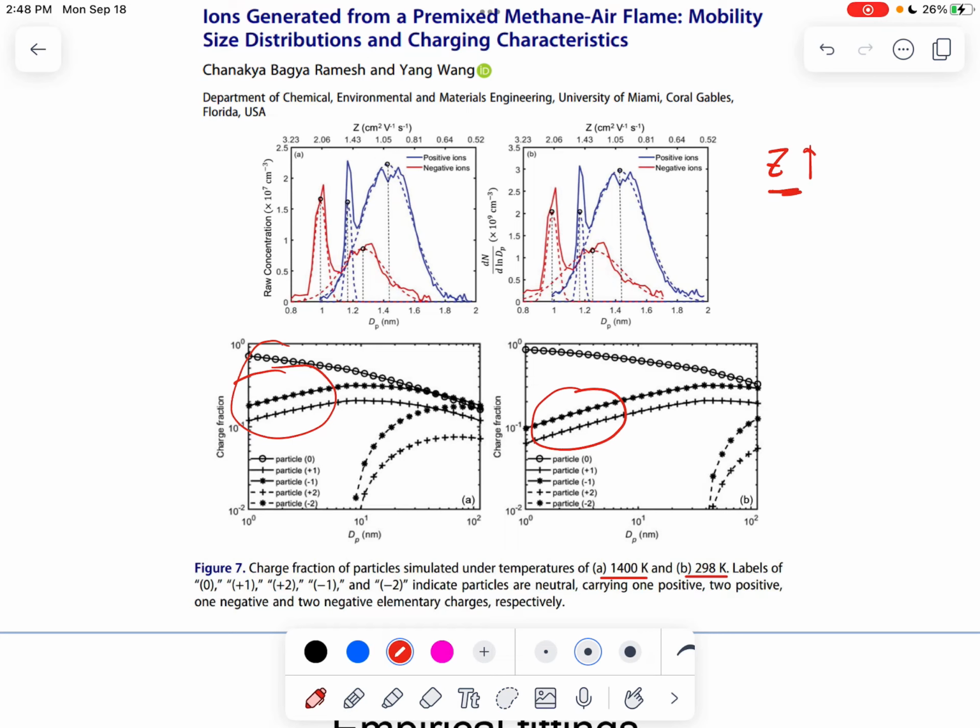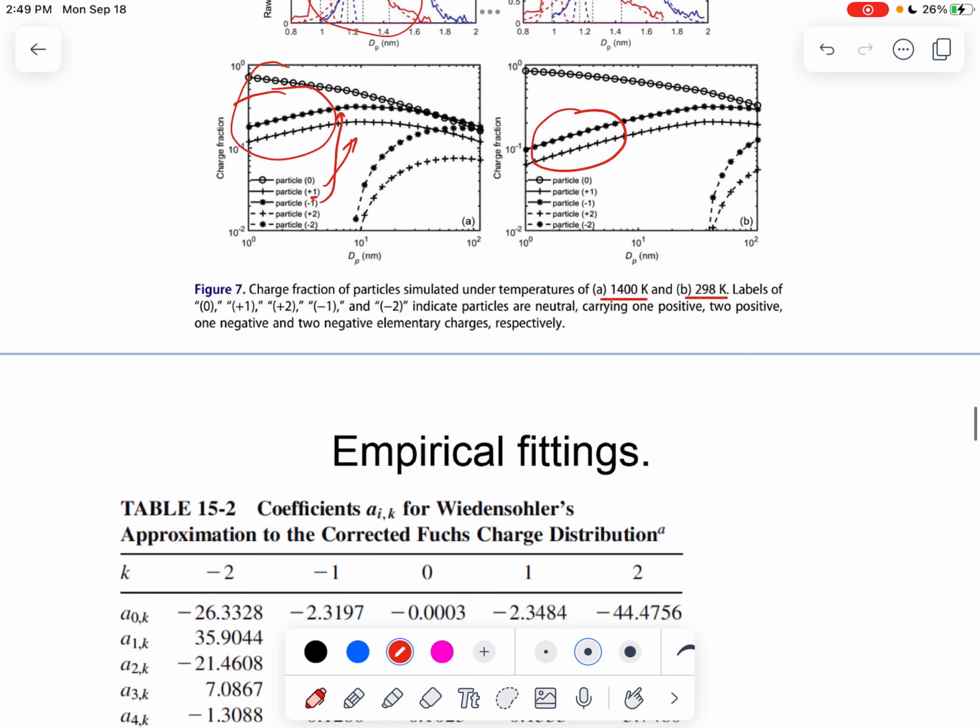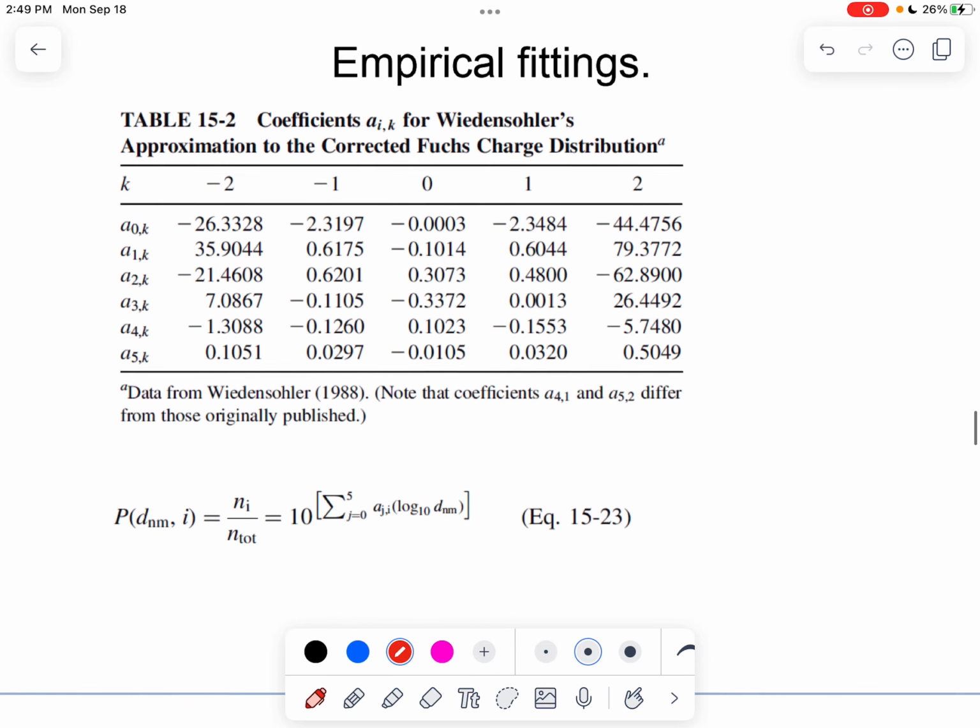But again, you can see that we saw particles with smaller sizes when we're monitoring the negative ions compared to the positive ions. Right? The positive ions are less mobile, so they charge the particles with a lower efficiency. Right? So you can see the +1 is here, and the -1 is here. Right? So this is about the charging.